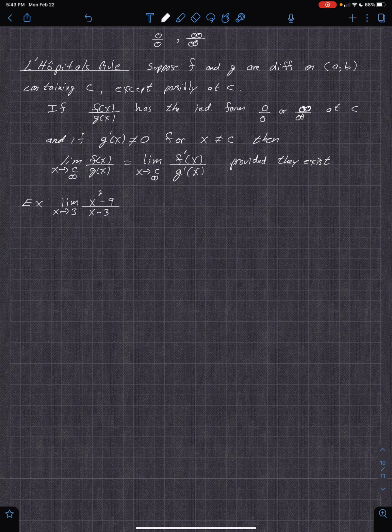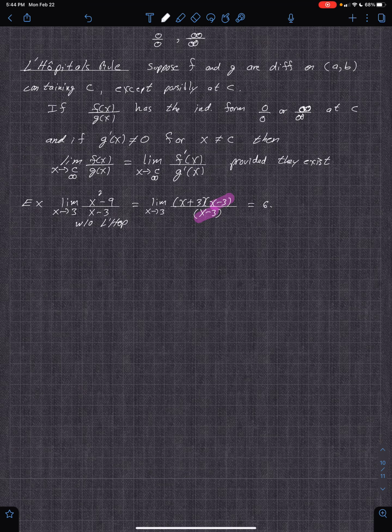So normally what we do, without L'Hopital's rule, is factor. You factor that, x plus 3 times x minus 3 over x minus 3 as x approaches 3. Then you can see that these will reduce, and that'll equal 6.